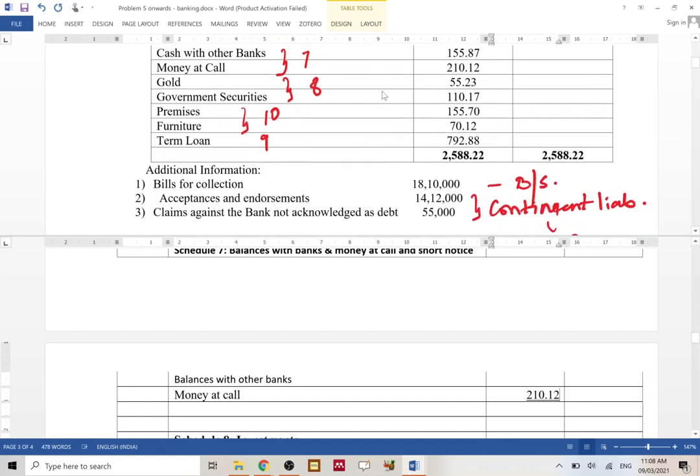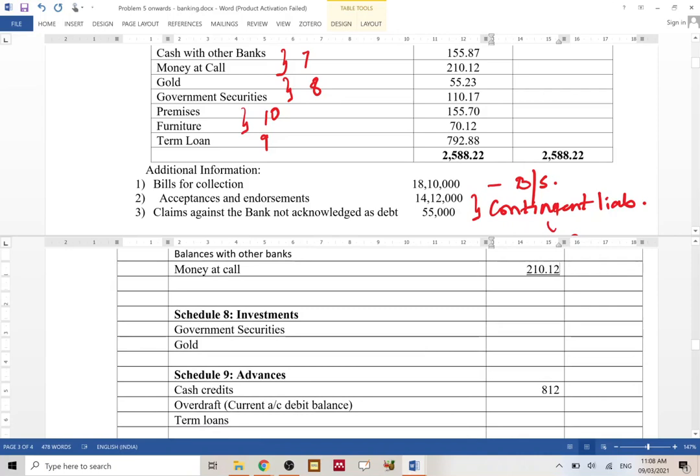Then the gold and government securities. Gold is 55.23 and government securities is 110.17.